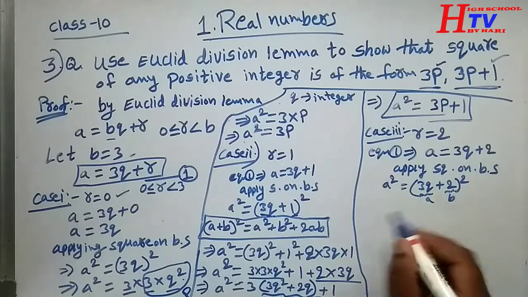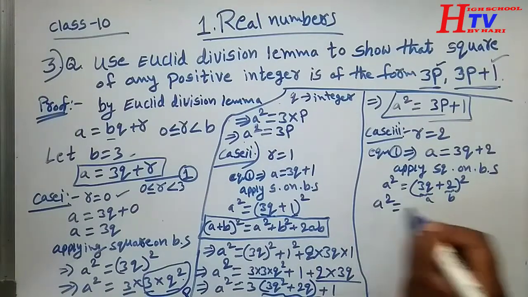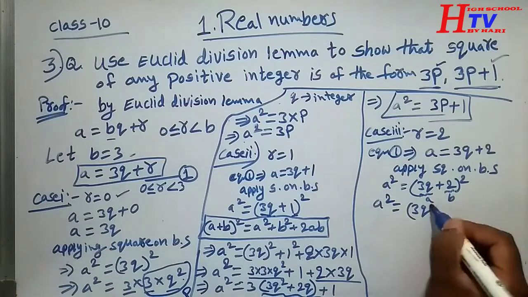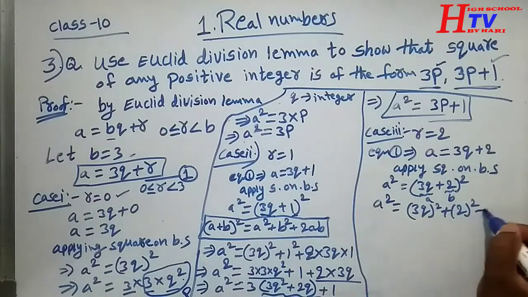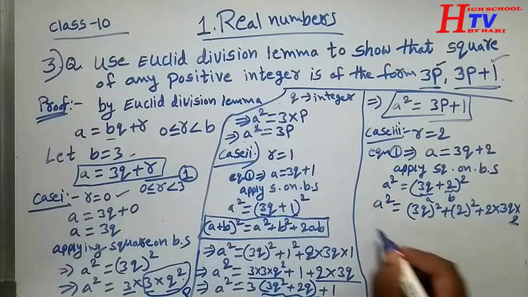Its expansion is 3q whole square, a square plus b square means 2 square, plus 2 into a, 3q, into b, which is 2.